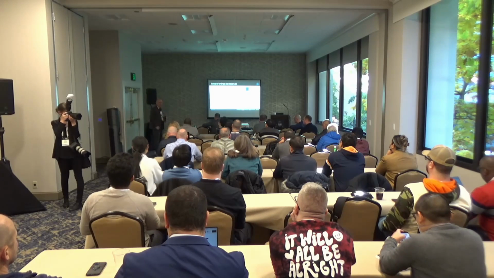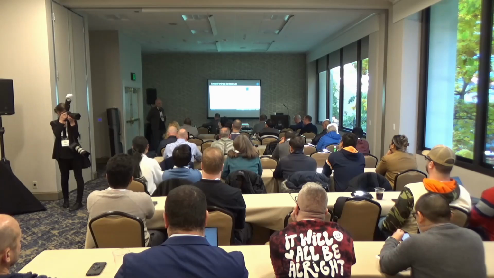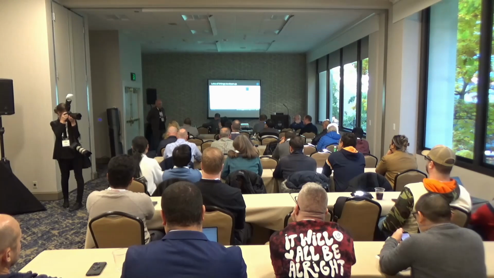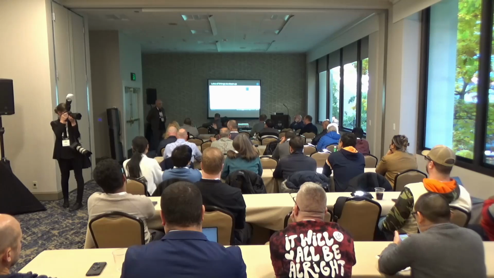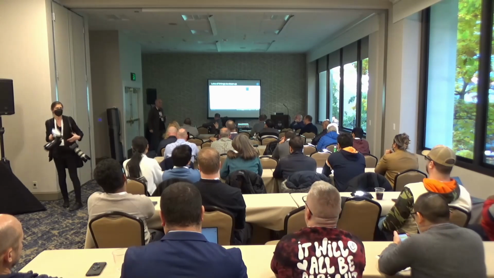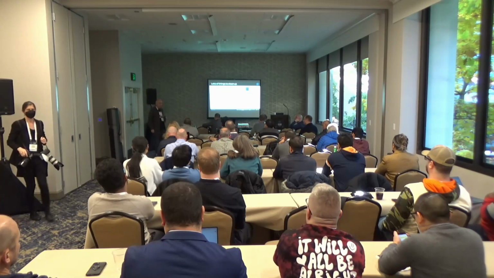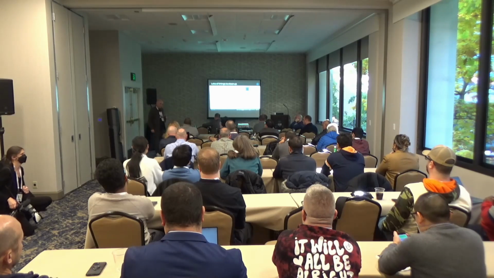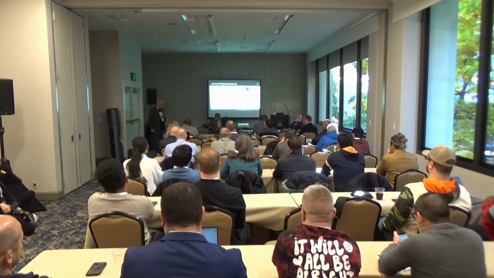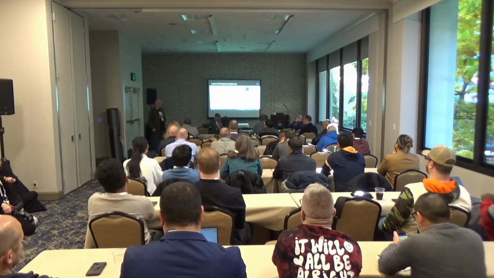For example, if you want to update the FRR container, you have to go to the config and say, hey, this is the image ID for the new container. Then you restart the Docker process, and it's going to restart everything.